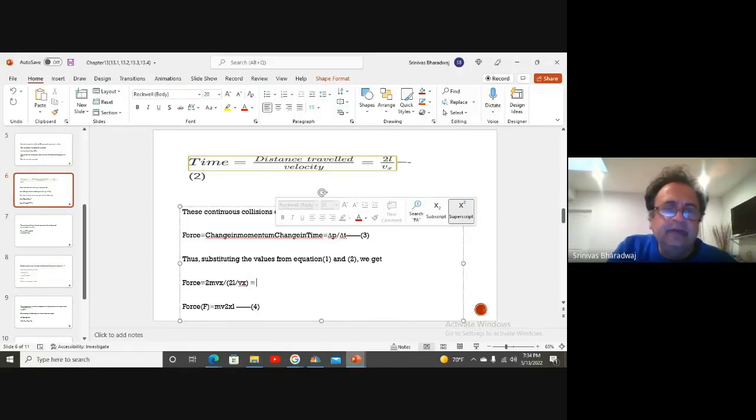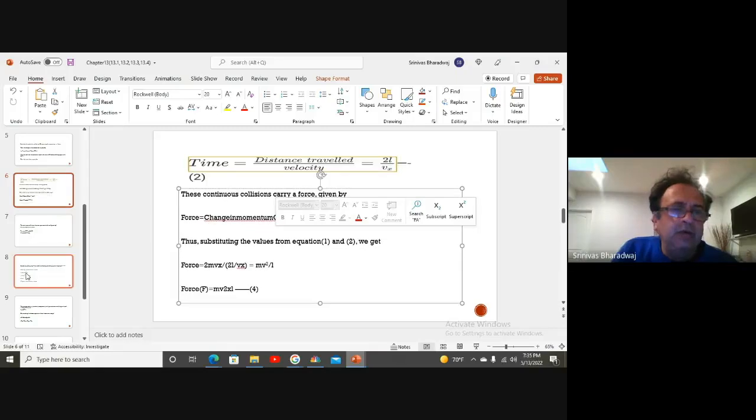So this is equal to, the two twos cancel, mv square over l, right? mv square over l. So that is your force.